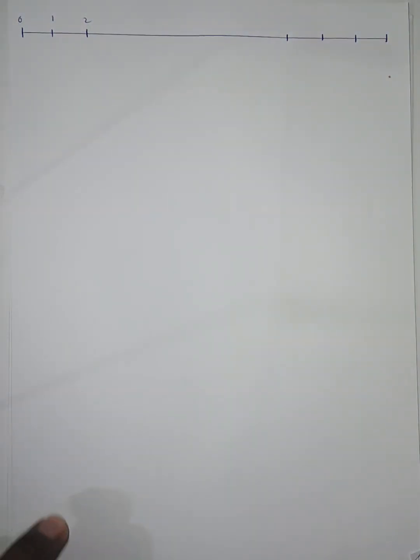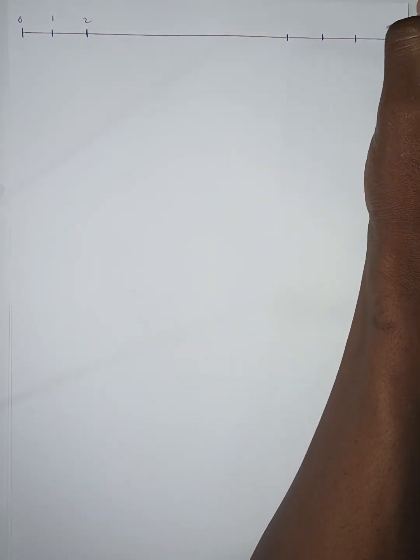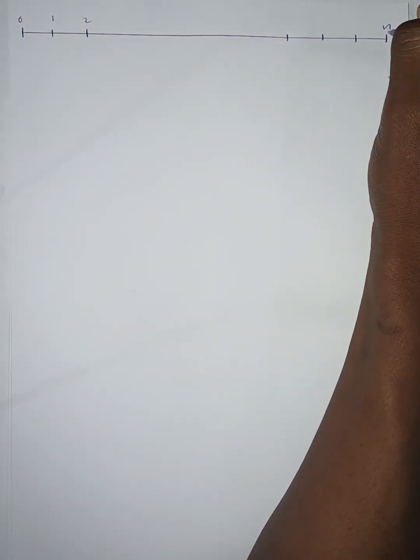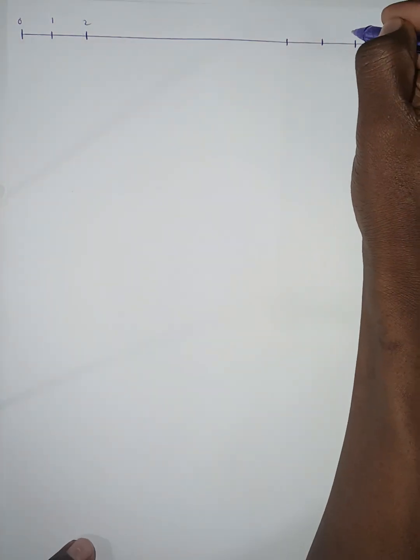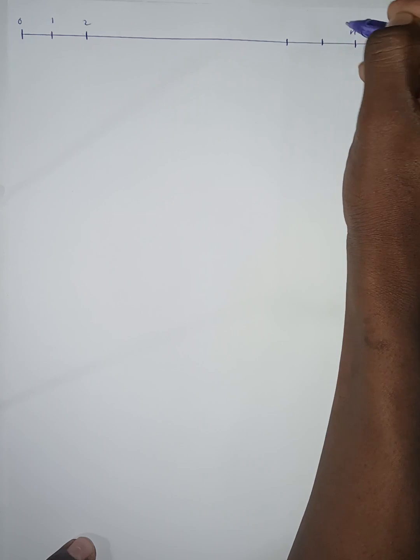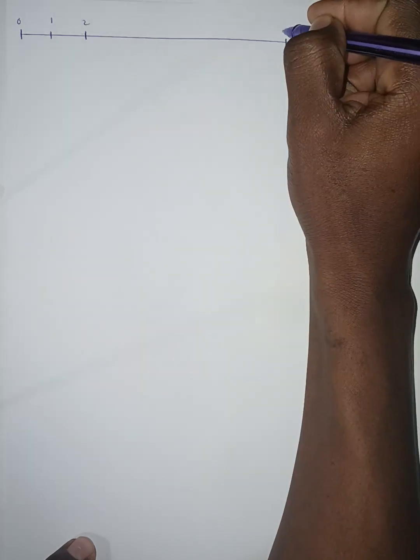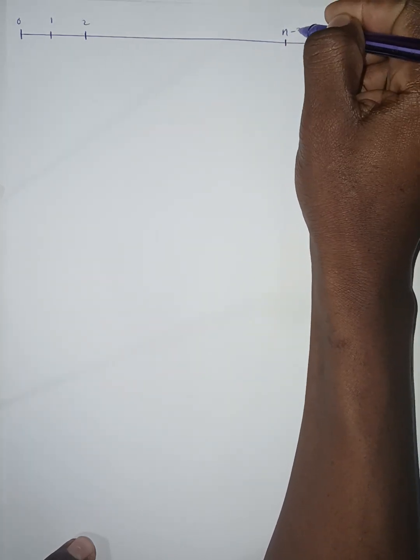Now suppose they say that you need to make n payments, so the last payment would be n, and the payment before that would be n minus 1. This would be n minus 1, that would be n minus 2, and that would be n minus 3.